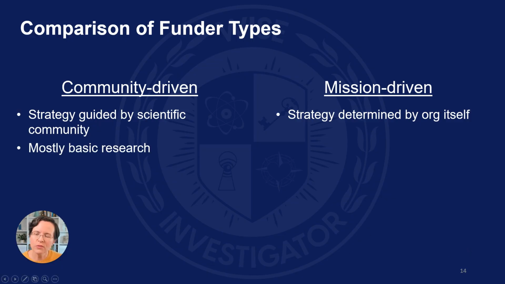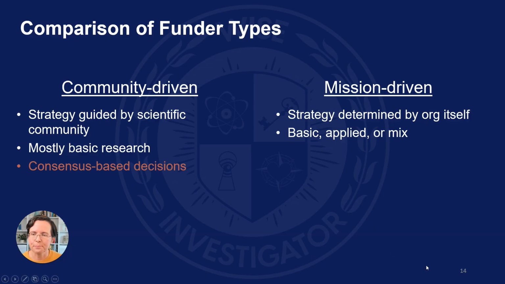Now, a community-driven organization usually is going to be mostly basic research. There's still applied research that's supported at NSF and other funders, but it leans more towards being basic research oriented. And the mission-driven organizations support basic research. They can support applied research. They can support a mix of basic and applied research. So just keep that in mind.